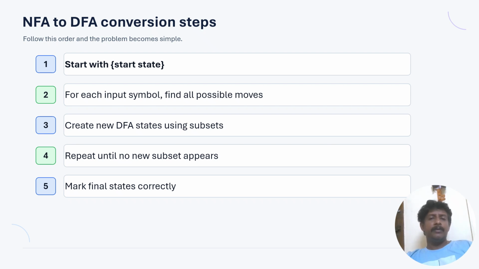Fourth, repeat this process for every new state until no new subset appears. Fifth, make the final states. This last step is very important: if a DFA state contains at least one final state of the NFA, then that DFA state becomes final. So conversion is not magic; it is just a table filling process done carefully.